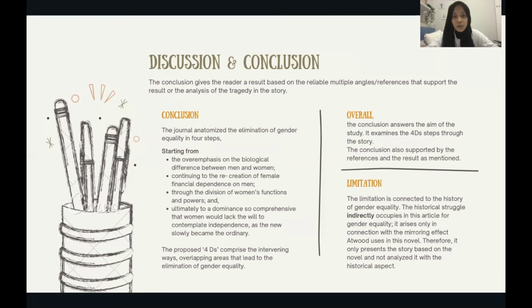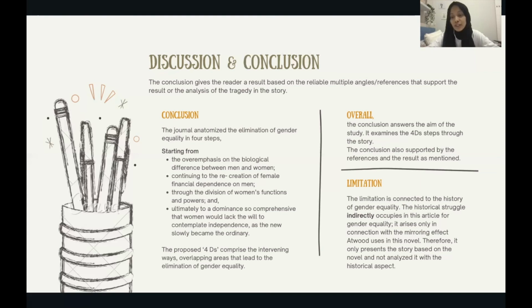The journal anatomized the elimination of gender equality in four steps, starting from the overemphasis on the biological differences between men and women, continuing to the recreation of female financial dependence on men through the division of women's function and powers, and ultimately to a dominance so comprehensive that women would lack the will to contemplate independence as the new slowly becomes the ordinary. The four steps are intervening ways, overlapping areas that lead to the elimination of gender equality. Overall, the conclusion answers the aim of the study.